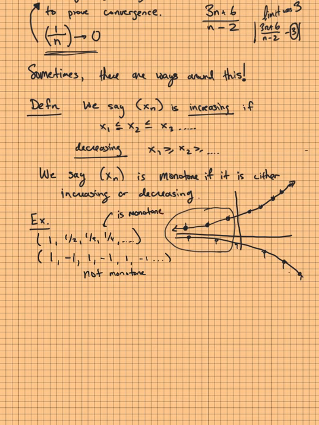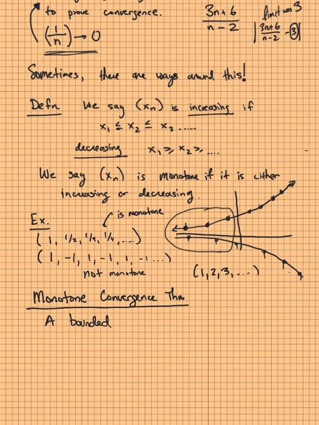All right, so here is the main theorem for today, which is called the monotone convergence theorem. And it says, if you want to get something about convergence, you have to assume bounded. Of course, the sequence 1, 2, 3, and so on is a monotone sequence which does not converge.